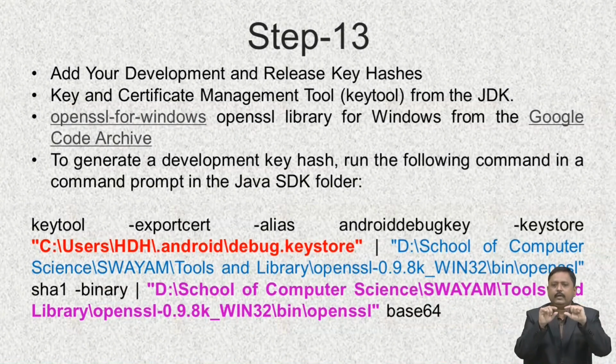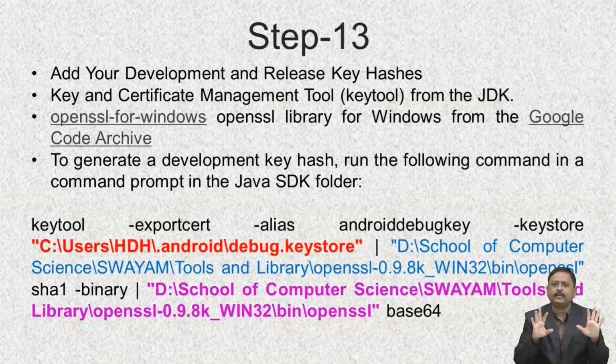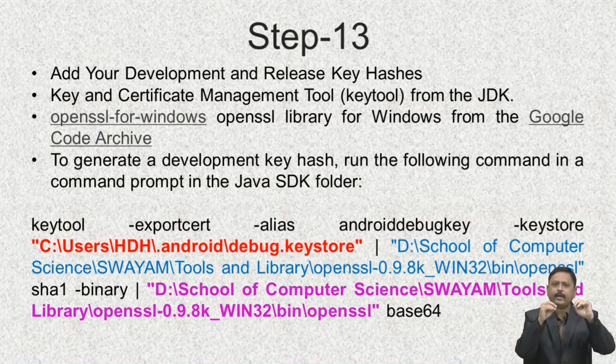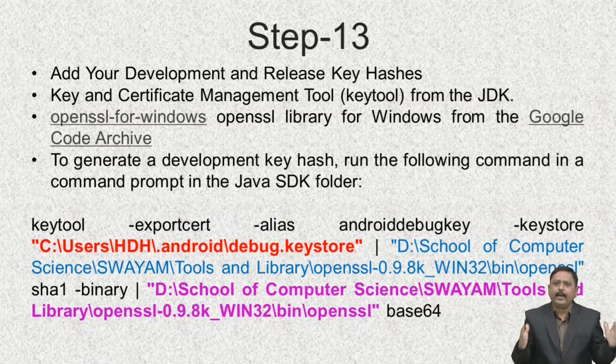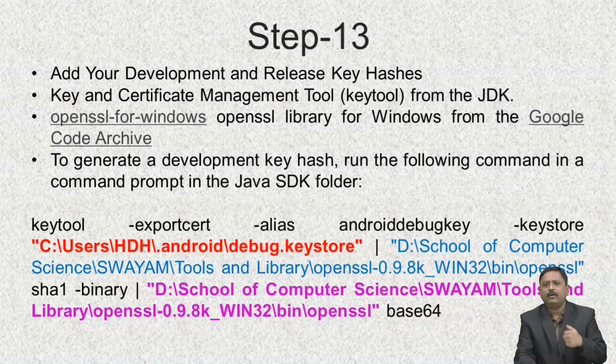So these three things change, other things remain the same. You have to execute this command in the Java SDK folder. It will ask you for the keystore password. Now give a suitable password and then it generates a 28 character long key hash. So in the next step you have to enter that generated key on Facebook.